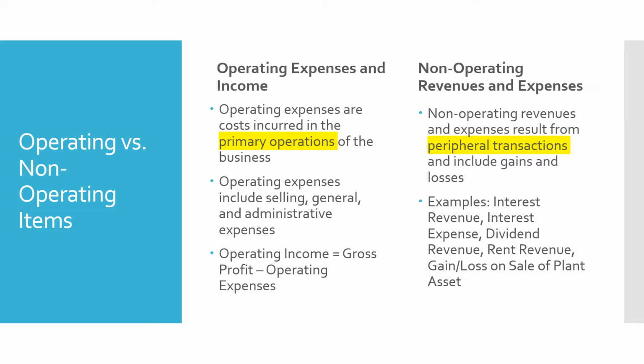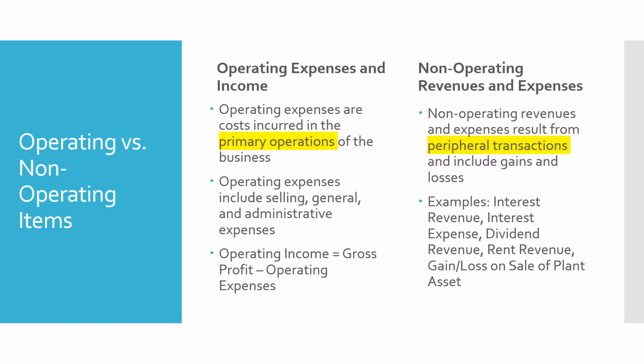Operating expenses are typically classified as selling, general, and administrative expenses, and operating profit is the profit that you are generating from your primary operations. So it's calculated as gross profit minus those operating expenses.